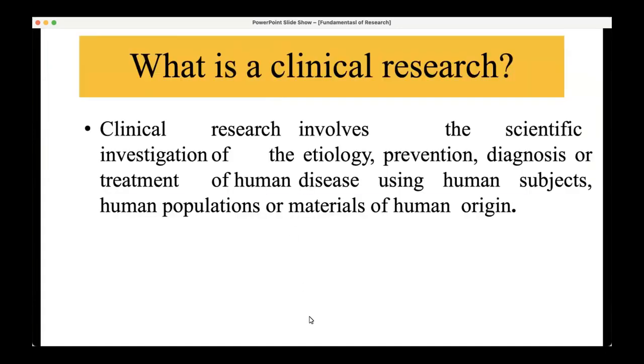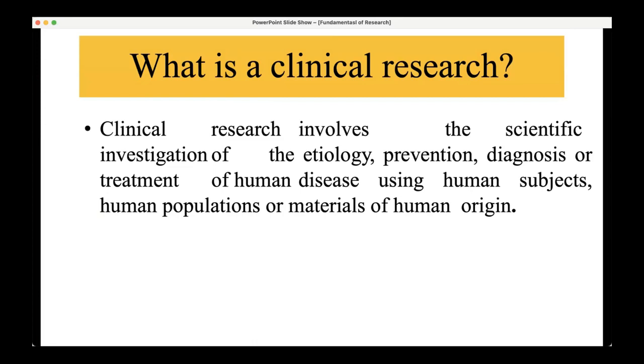There are mainly two types of research in our medicine and in the medical field. One is called the clinical and the other is called the basics. Mostly during our thesis or research in basic sciences, we do not conduct clinical research, but we usually, basically, do the clinical research.